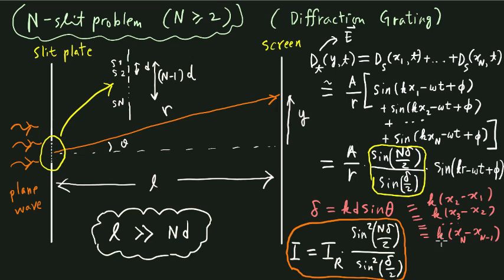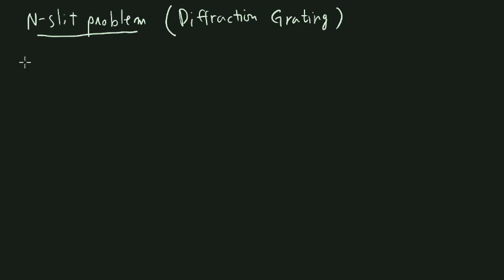So it is independent of n. So I_R is independent of n. It's a constant independent of n. So we got a pretty important result here. So let's write down what we got. I equals I_R sine square n delta over 2 over sine square delta over 2.